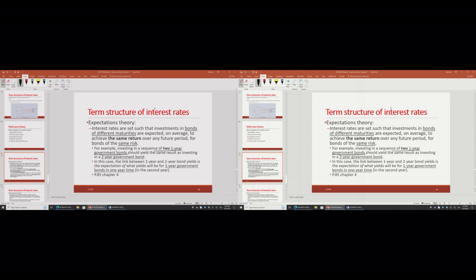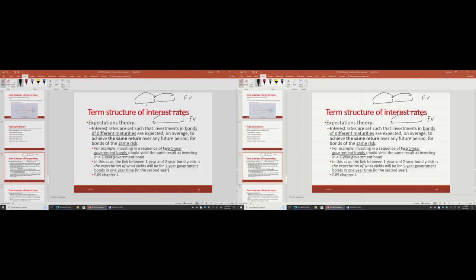If you draw the timeline, for the first one you make a one-year government bond investment, and you harvest your investment one year later. You use all the proceeds for another one-year investment, and that will give you, let's say, a future value. In the second option, you make a two-year investment, and that will give you the same future value.